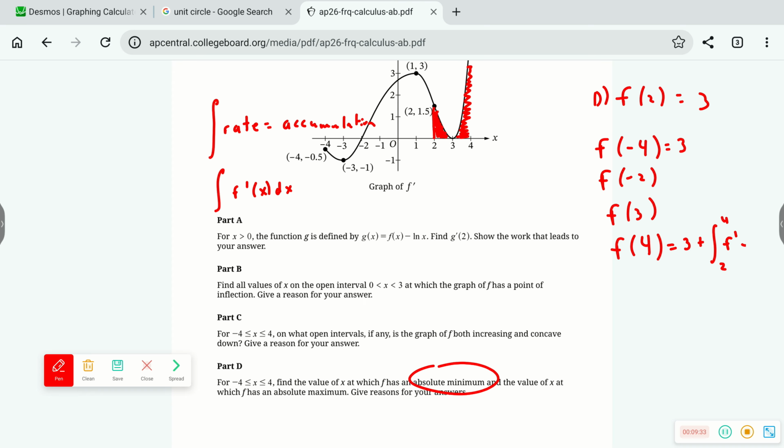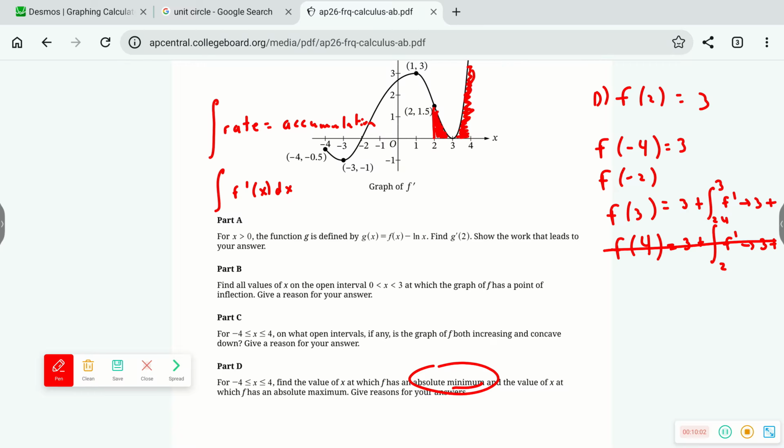That's going to be a very large number. Meanwhile, f of 3 would be 3 plus the accumulation from 2 to 3 of f prime, which again is going to be 3 plus, but it will be smaller than this because as you go to 4, you're going to accumulate more. Because it's looking for a minimum, that's going to eliminate that one.